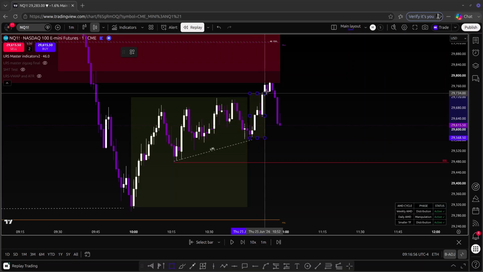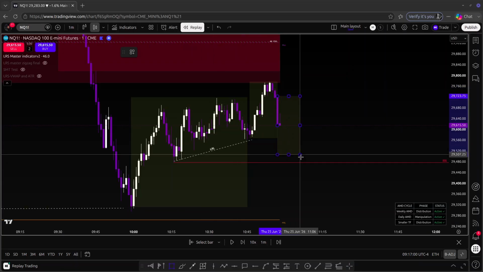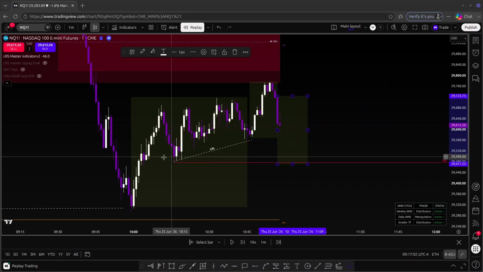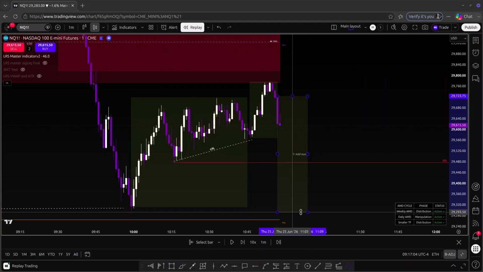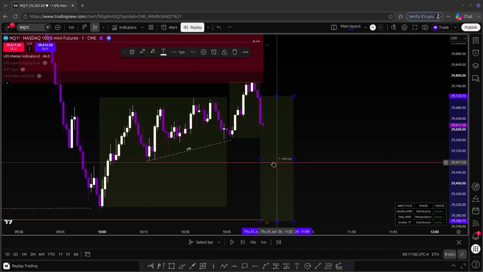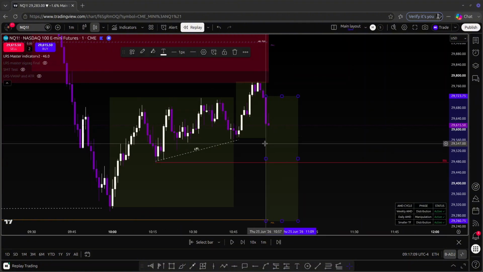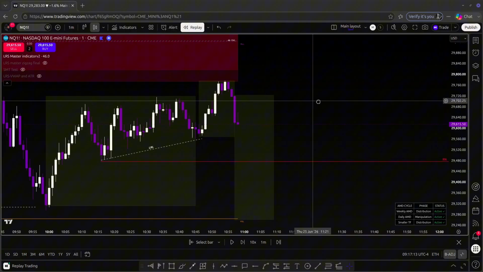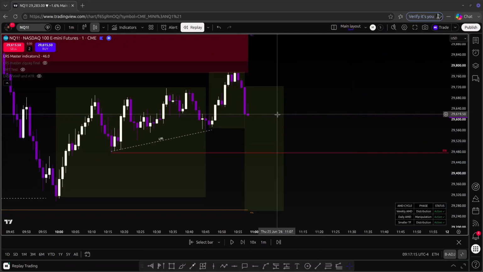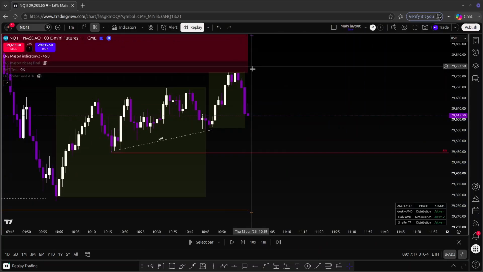These right here clearly is manipulating. Now I'm expecting a distribution towards these levels. Perhaps this level as well, perhaps this level as well, right? Either way, I'm open to just grabbing this sell side liquidity because I'm satisfied with that. The range that I'm working with, I'll explain to you here in a little bit.